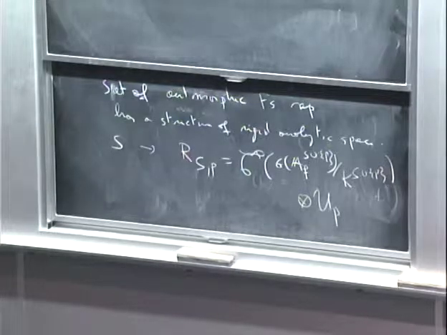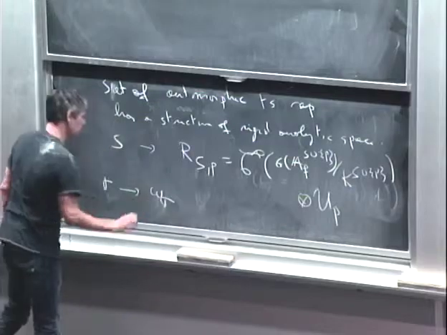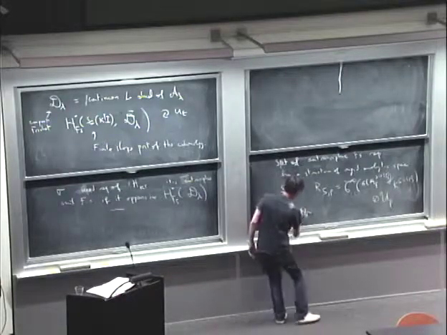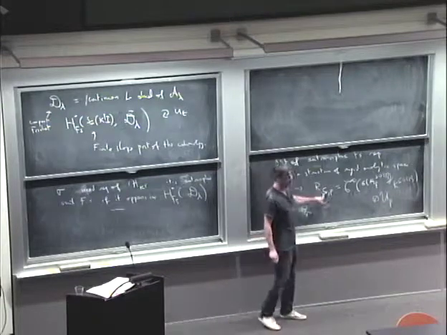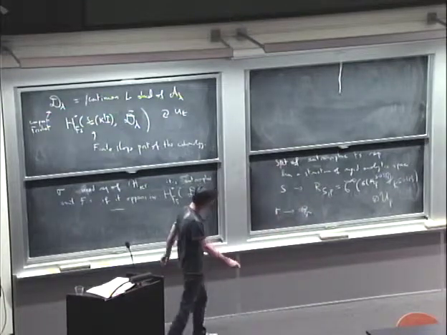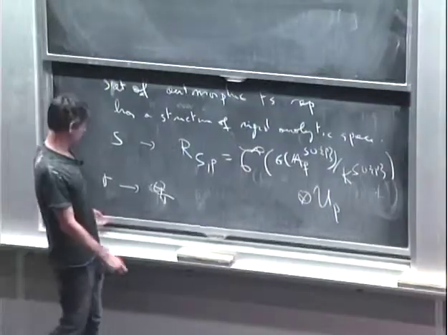And therefore, when you have a sigma, then you have a theta_sigma, which is a character of this algebra, which gives the eigenvalues of the spherical Hecke operators.